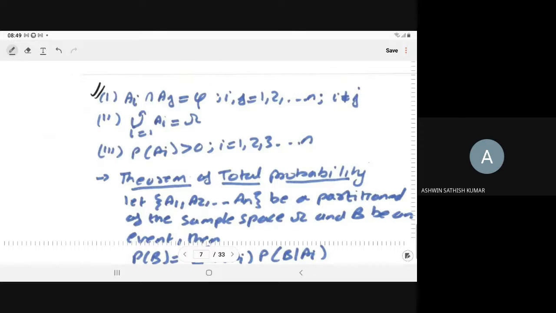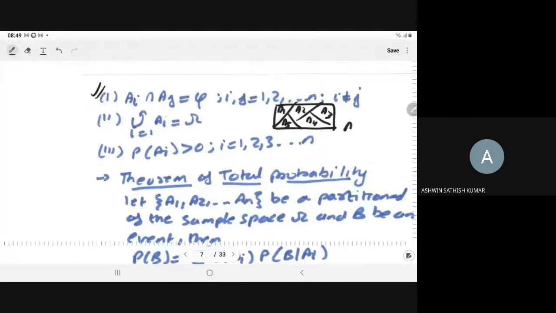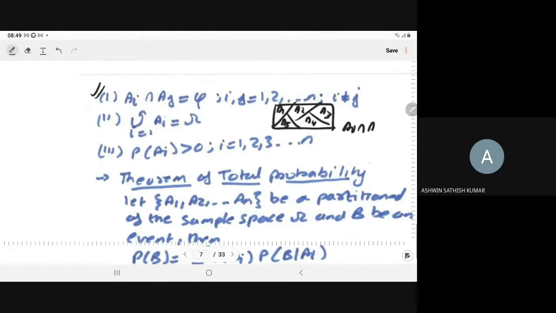Let us have this sample space, with the first event, second event, third event, fourth event. Let us say A1, A2, A3, A4, A5. So here Ai intersection Aj is equal to phi.